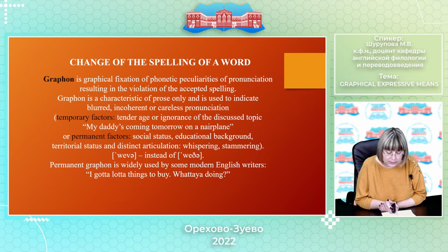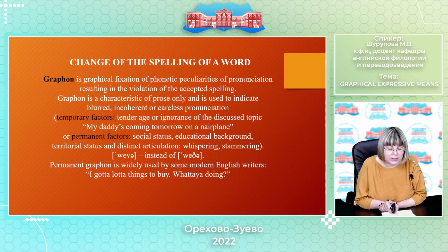Graphons indicating irregularities or carelessness of pronunciation were occasionally introduced into English novels and journalism at the beginning of the 18th century. And since then, they have acquired an ever-growing frequency of usage, popularity among writers, journalists and advertisers.